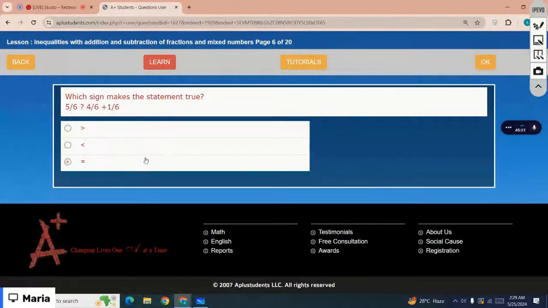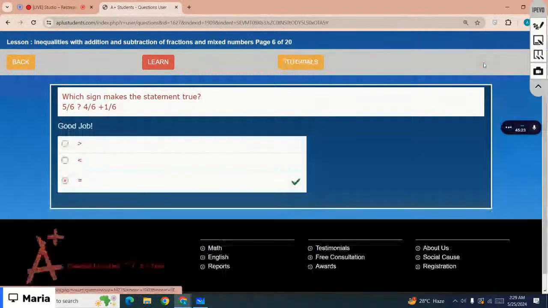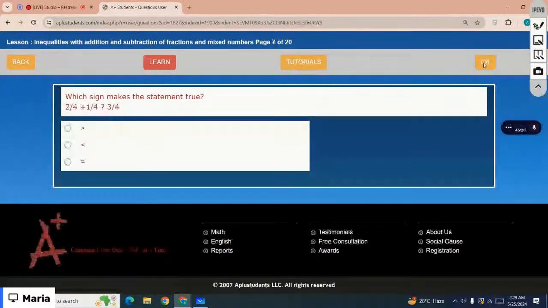Yes, both sides are exactly equal. 2 by 4 plus 1 by 4, you have to compare it to 3 by 4.